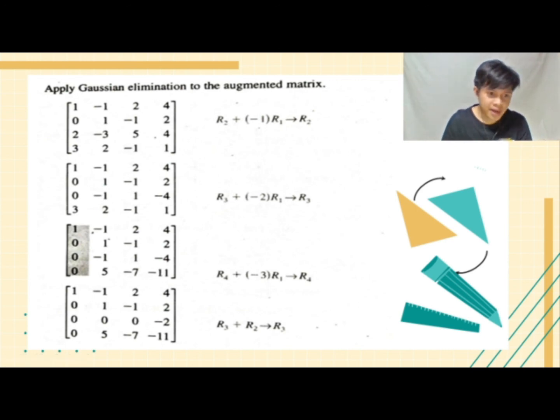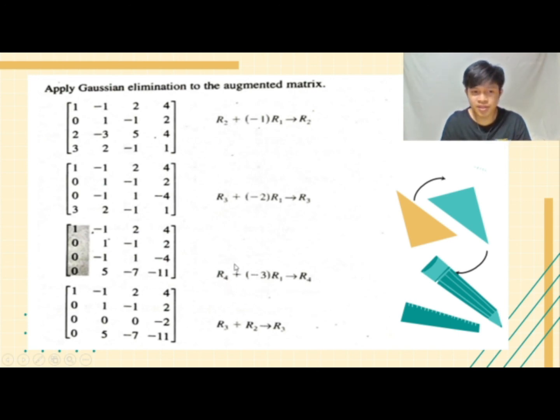Okay? So, we are close to forming a pivot. So, the next step is this one: R sub 4 plus the quantity of negative 3 times R1 is equal to R sub 4, which is row 4. So here we base it on this, because this is the result of the computation of this formula. Okay?